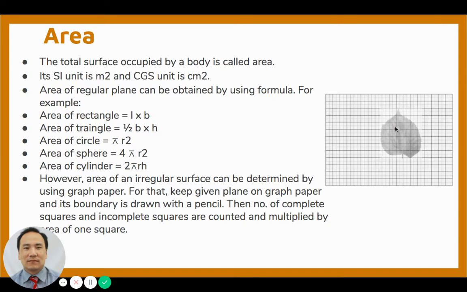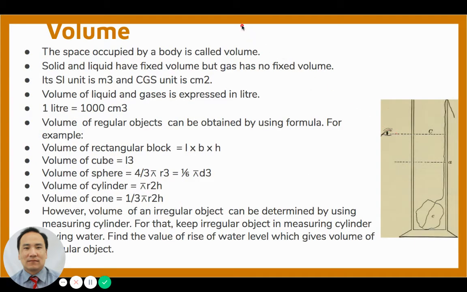Later on, find the area of one square and multiply it by the total number of squares. In that way, you can find the area of an irregular surface.